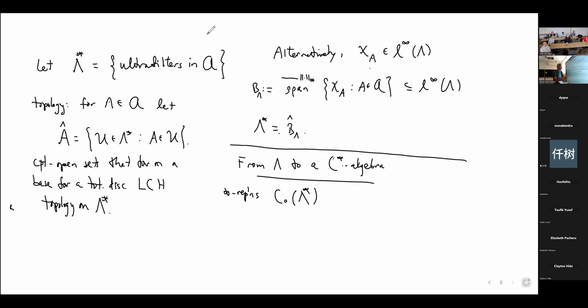Okay, so we look for star representations of this commutative C-star algebra as bounded operators. This is just commutative C-star algebra representations. And then for an element alpha in lambda, and I'm not really telling you how to do it, find partial isometries.